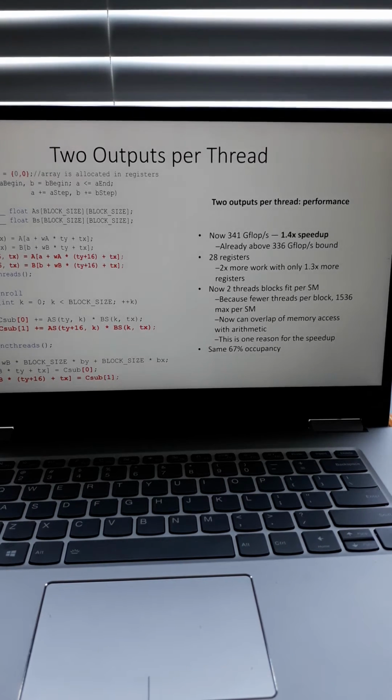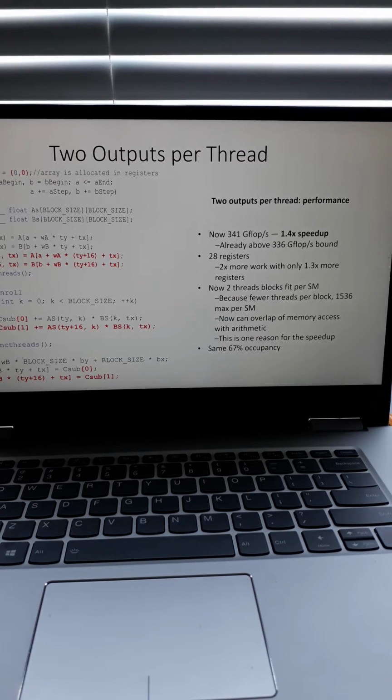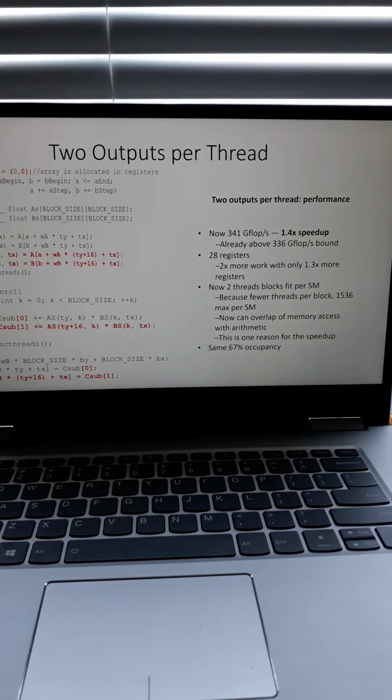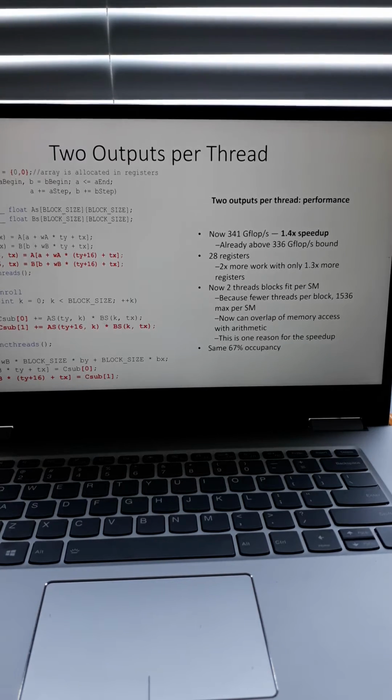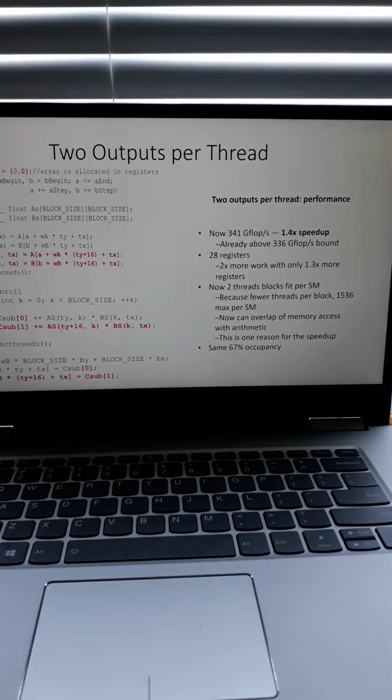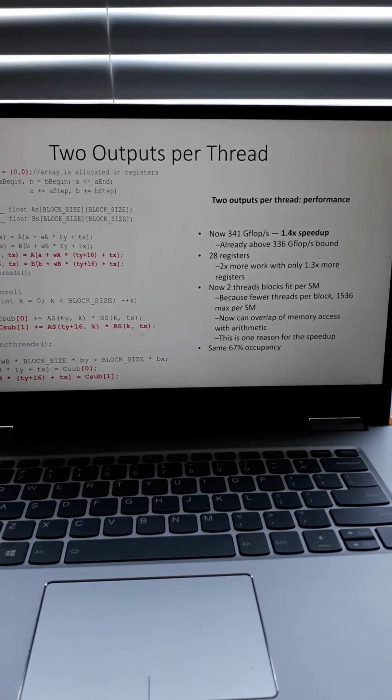Over here we can also do one thing: instead of having 2 arithmetic instructions, we can run 2 more arithmetic instructions. Here C sub 0 equals AS matrix [ty][k] into BS matrix [k][tx]. The second one says AS[ty] plus 16k into BS[k][tx].